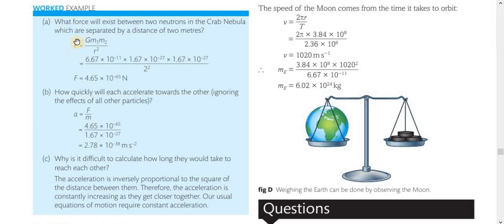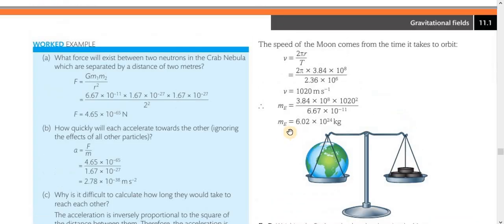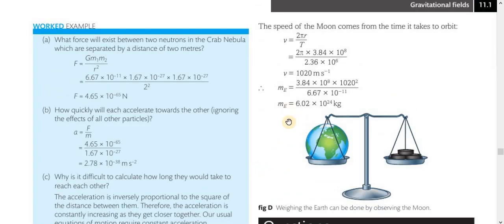F is equal to ma, so instead of writing F here, you can write ma there. That's why we can't calculate it using the equations of motion that we learned, because those equations require the acceleration to be constant. Alright, then there is another equation, V equals 2 pi r over T.